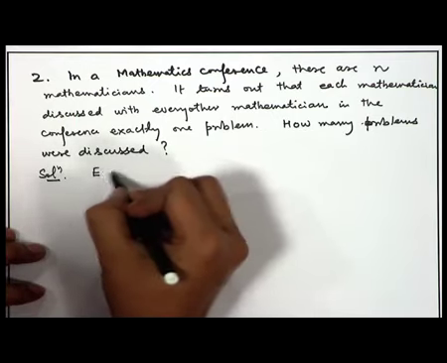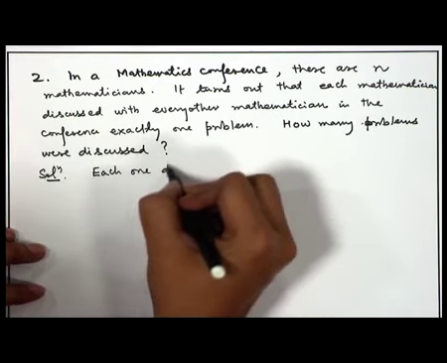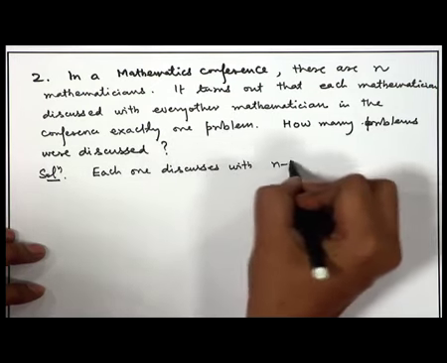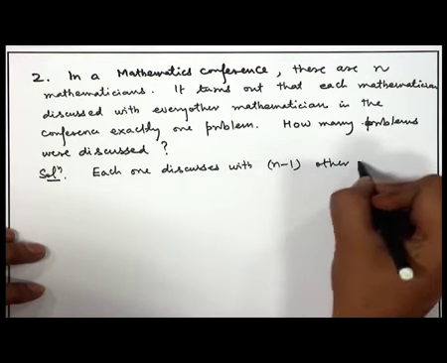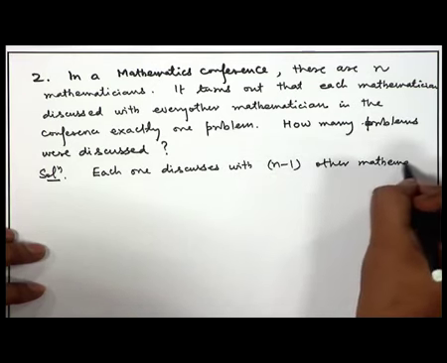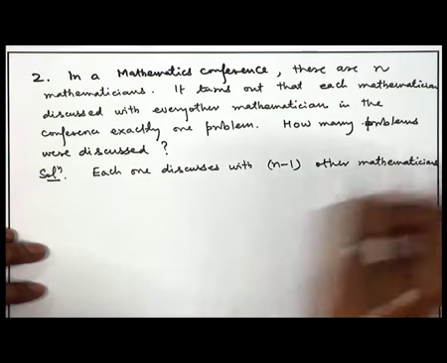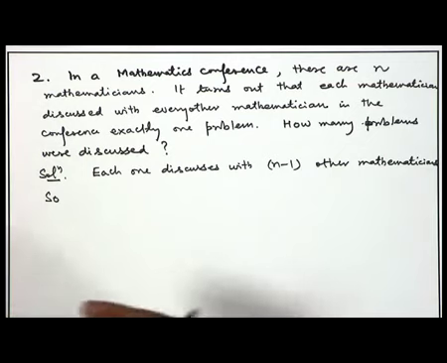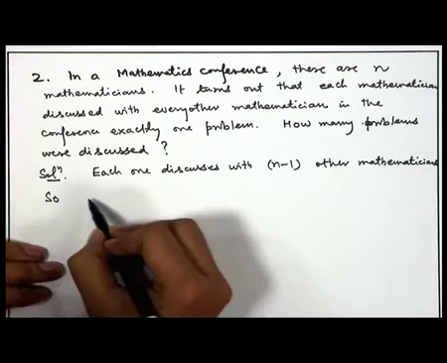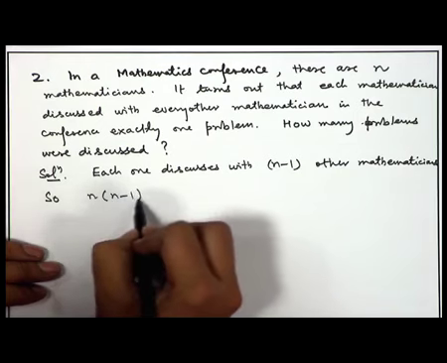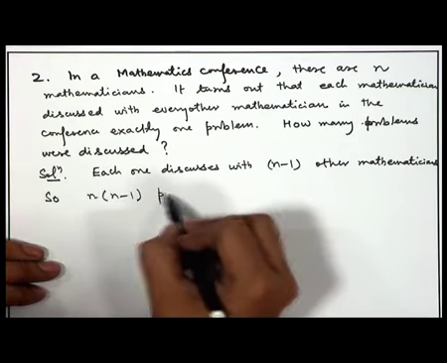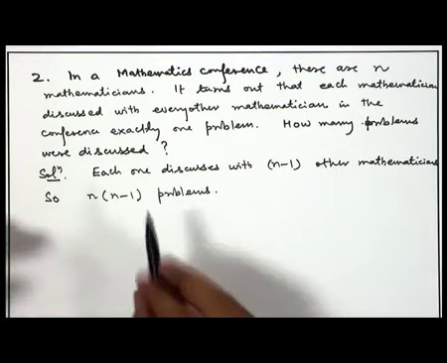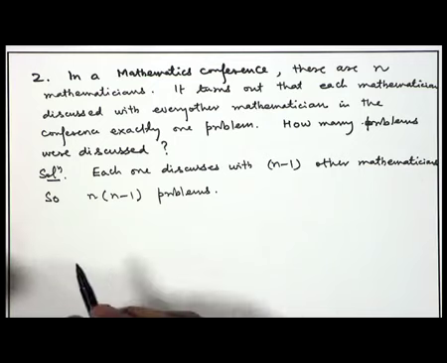Each one discusses with n minus 1 other mathematicians. There are a total of n mathematicians, each one discussing with the other n minus 1. So, by the multiplication principle, it becomes n into n minus 1 problems. Now, in this particular counting, every pair is counted twice.